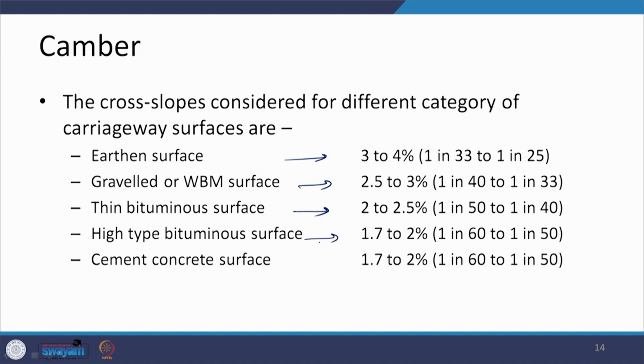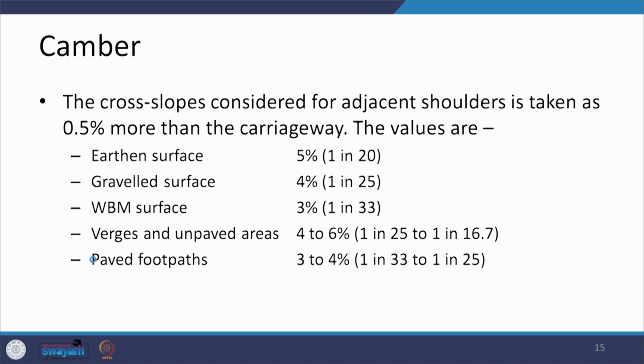If it is a high type bituminous surface or a cement concrete surface, then 1.7 to 2%. These are the values defined for roads constructed using different types of material. But this can also be defined with respect to the various categories of roads, and that is what we are going to look at further.